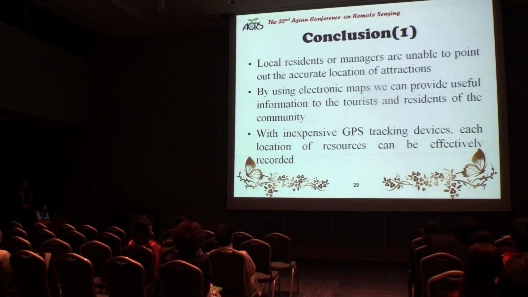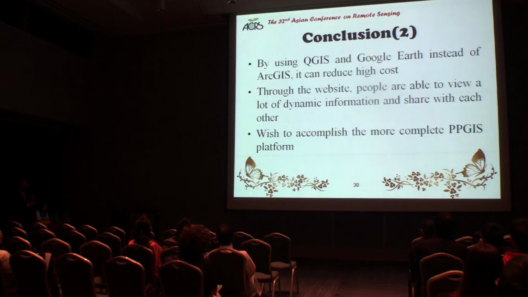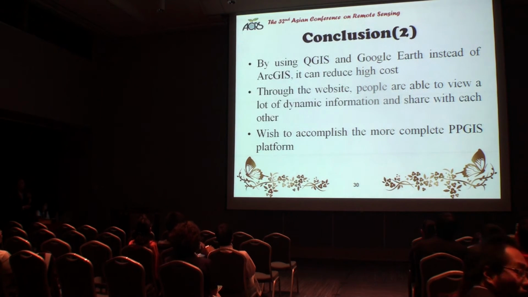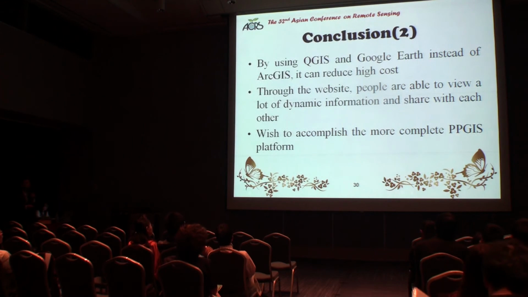And with inexpensive GPS tracking devices, each location of resources can be effectively recorded. And by using QGIS and Google Earth instead of ArcGIS, it can reduce the high cost of the software. Through the website, people are able to view a lot of dynamic information and share with each other.